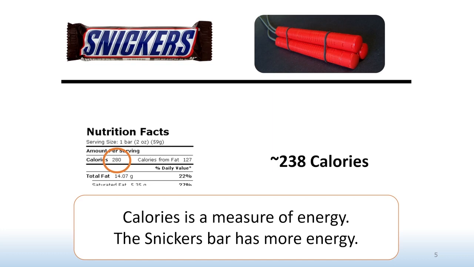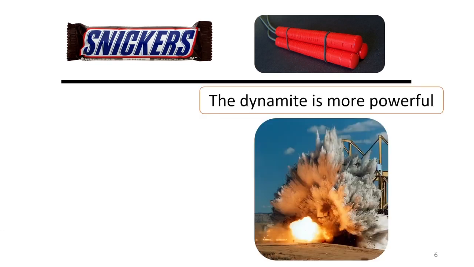A Snickers bar actually has 280 calories, whereas a stick of dynamite only has 238 calories of energy. But of course, the dynamite is more powerful. It can use that energy more quickly. Some of us, we eat the Snickers bar, we never release all that energy, whereas the dynamite can release all of its energy instantaneously. That's how you get an explosion, right?